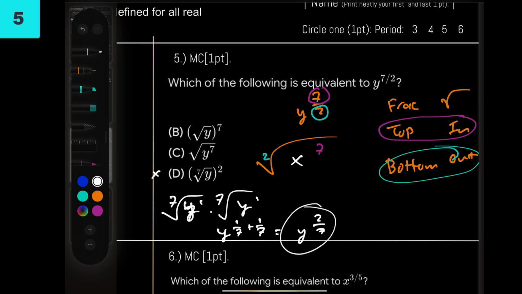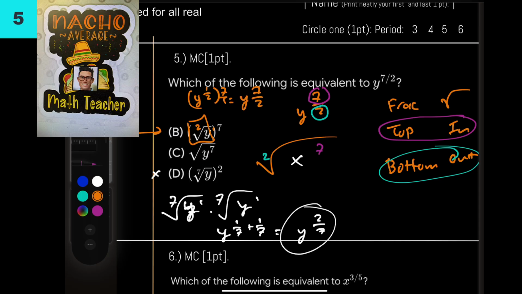That we know because we went 7/2. Okay, so let's try B. Now that one has a 2, so that inside will become, remember that inside is the top, and then you have the power rule, so you can multiply across, you'll get 7/2. So I like that one.